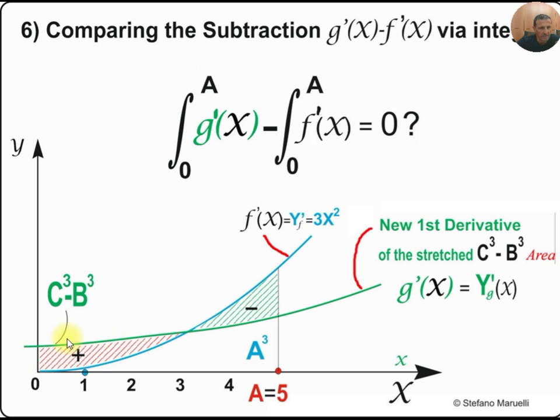So it is clear that if this is a continuous function and we can let c be a real variable, we can adjust the height of this curve with c to be exactly equal to the area of a cube. So the area below g prime of x can be exactly equal to the area of f prime of x between the same limits, 0 and a.